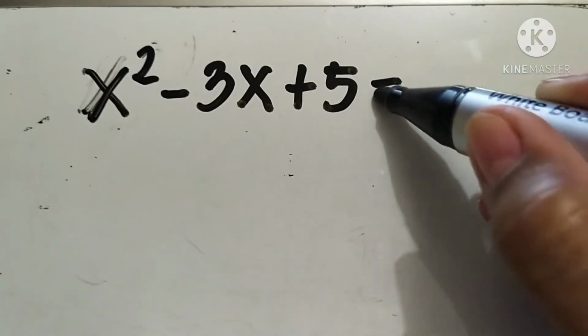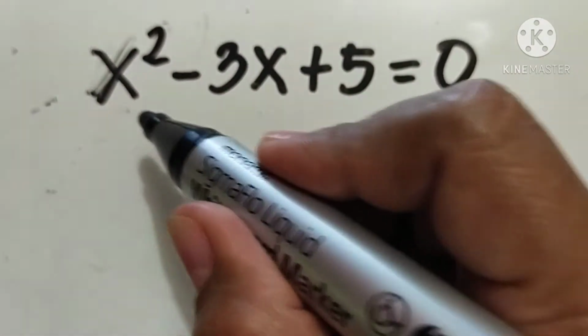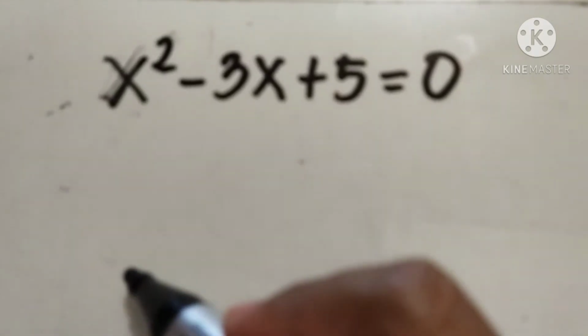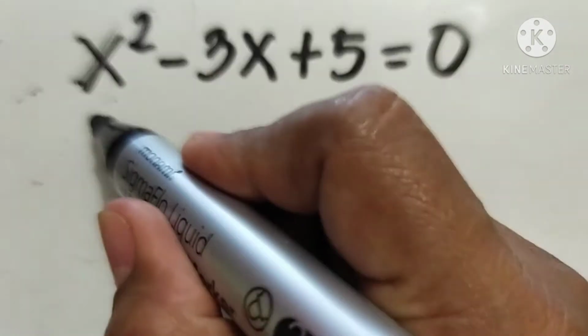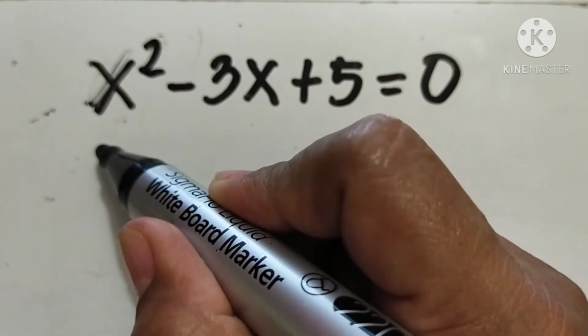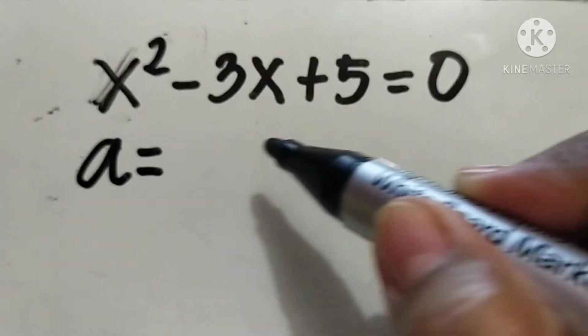Let's try this one. For us to determine the nature of the roots, we need to solve first for the discriminant. So before that, we need to find first the values of a, b, and c.